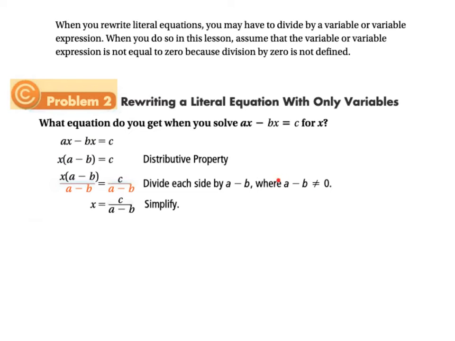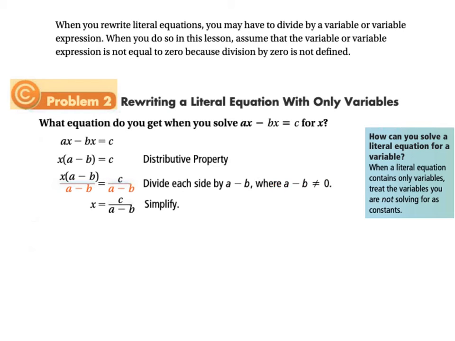Okay? And this is where it says a minus b can't be 0. We're just going to assume that that's true, that it's not equal to 0. And this is a little note over here. How can you solve these when literal equations contain only variables? You're just going to treat everything that's not the one you're solving for as if they're constants.